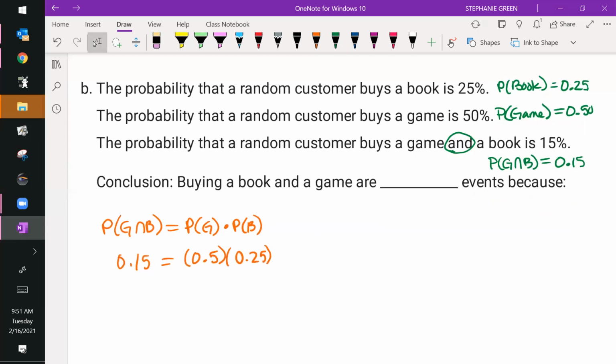That would be 1/8. I don't think that's 0.15, is it? 0.5 times 0.25. You can grab out a calculator and do that. You should get 0.125, which is not equal to 0.15. So these events are not independent. And if they're not independent, then they have to be dependent.